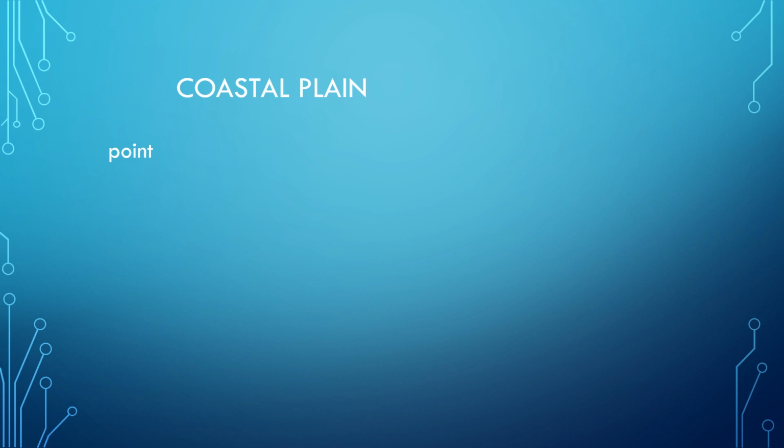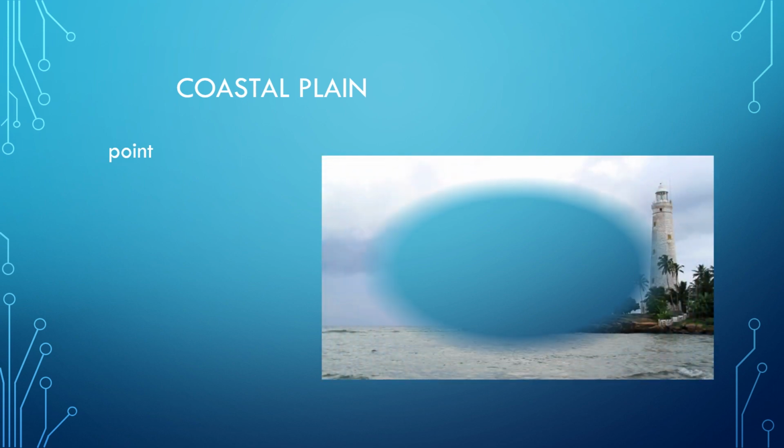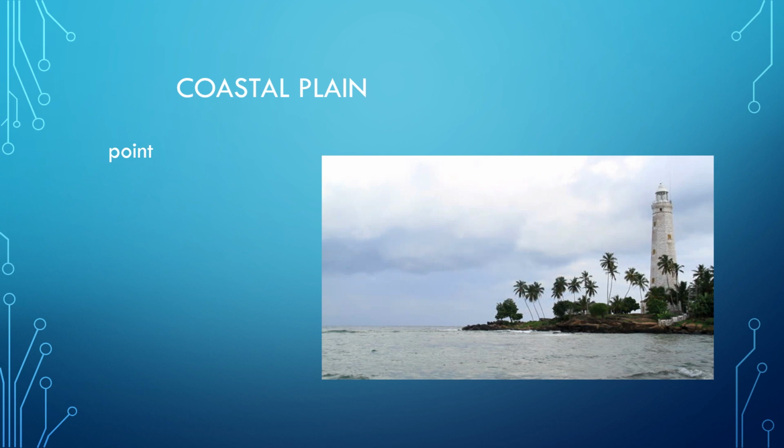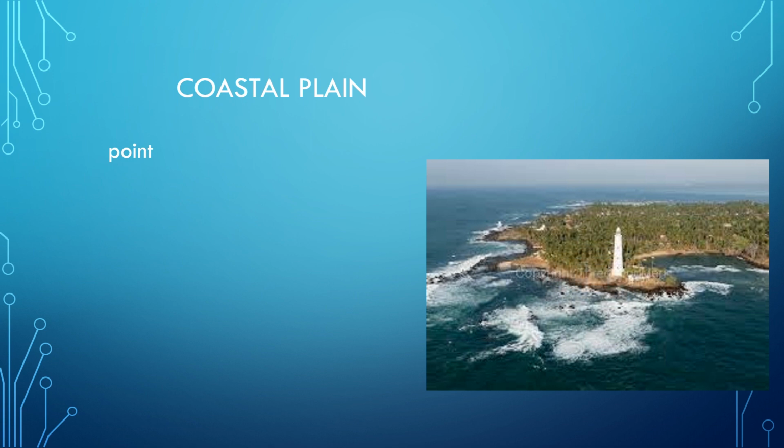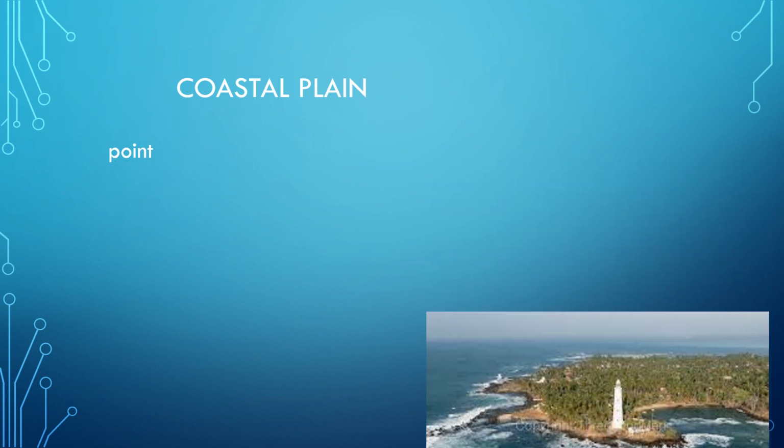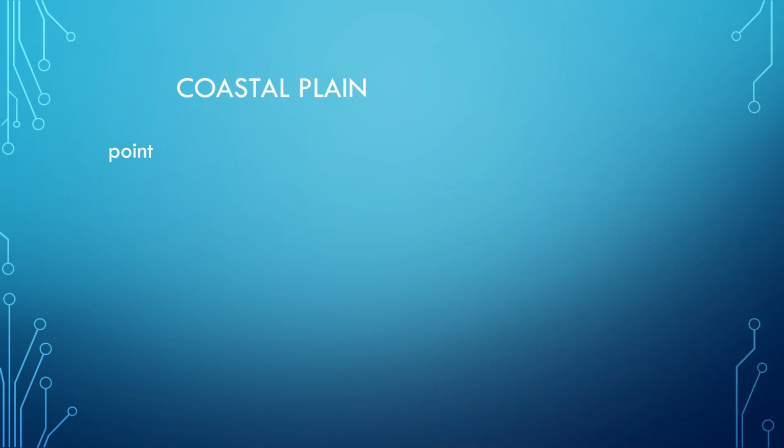Fourth one is points. Do you know what is the meaning of a point? A point is a small piece of land surrounded by water on three sides. Examples: Dondra Head, Point Pedro.